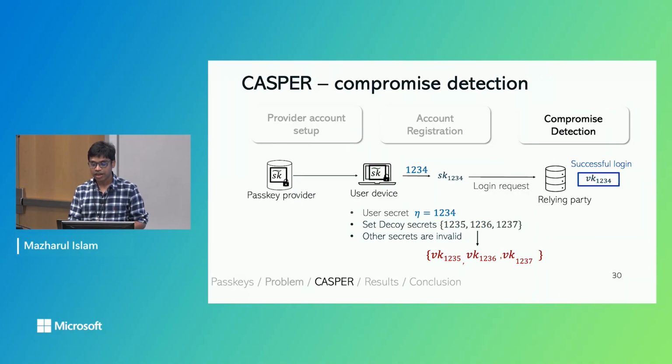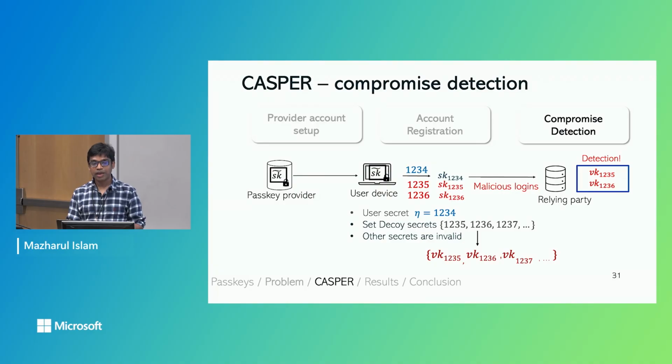Now we can trap the attacker by planting decoys. Let's say for this example, we try to trap the attacker by planting 3 decoy verification keys. So in addition to the user secret 1234, we have the decoy user secrets 1235, 1236, and 1237. From the attacker's perspective, once they download the SK tilde from the passkey provider, they have to perform guesses on the user secret.